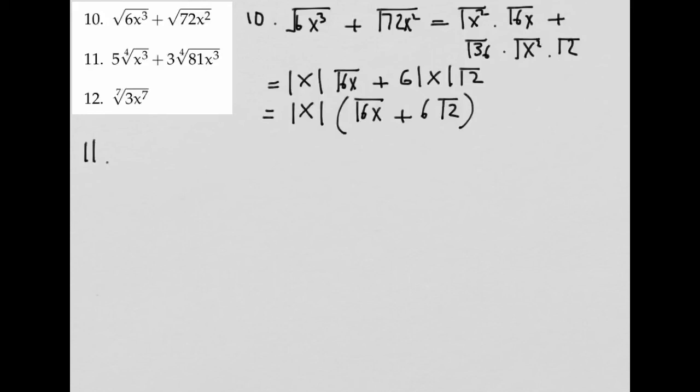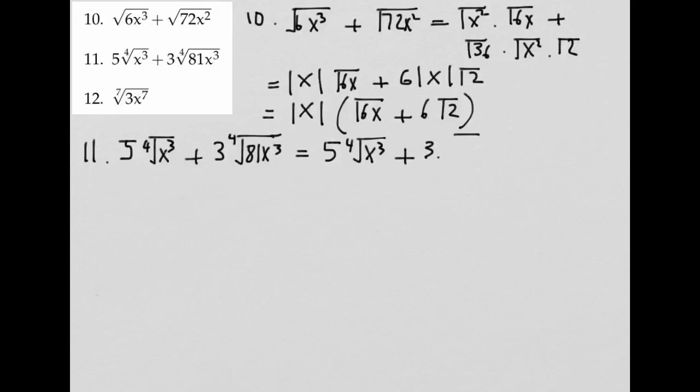Example 11, 5 fourth root of x cubed plus 3 fourth root of 81x cubed. That's equal to 5 fourth root of x cubed plus 3 times the 4th root of 81 times the 4th root of x cubed.